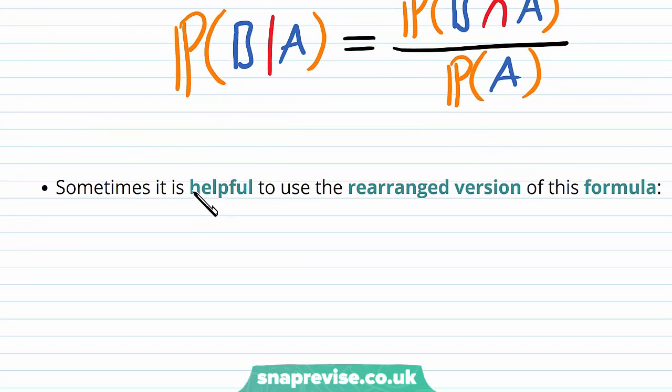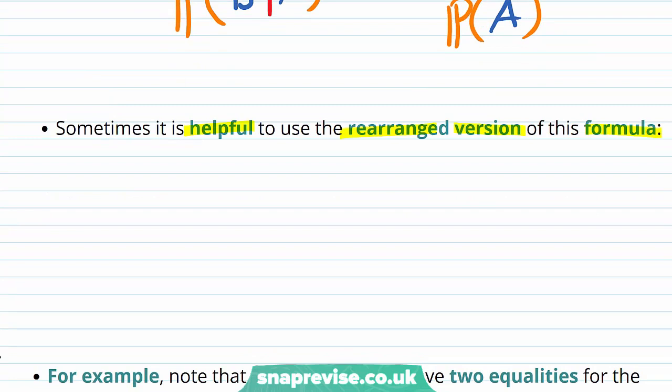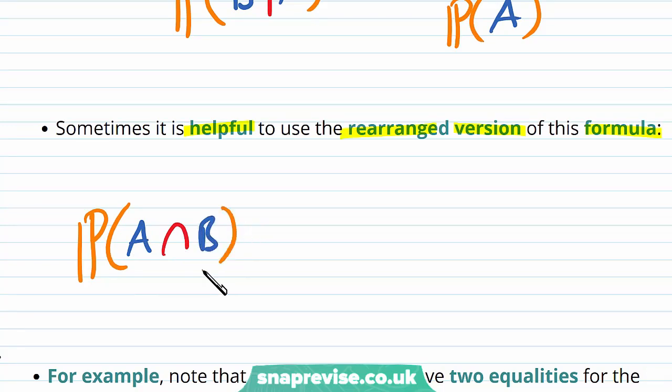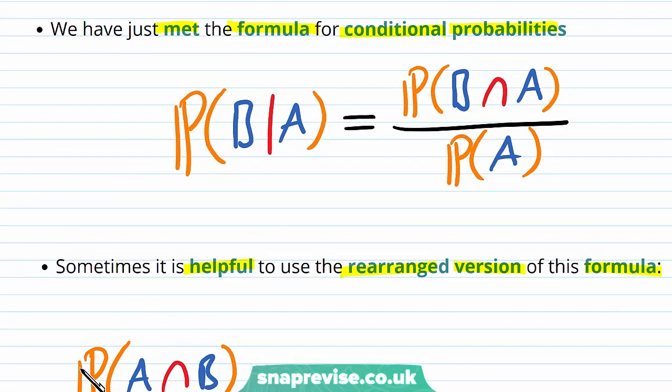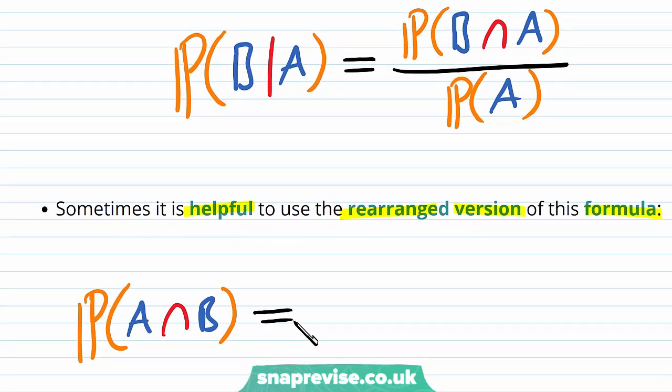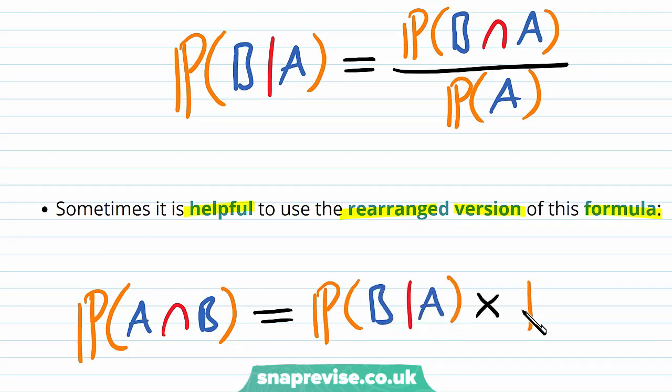Now sometimes it is helpful to use the rearranged version of the formula. That is that the probability of A intersection B, which by the way is the same as the probability of B intersection A, by multiplying up is the same as the probability of B intersected with A multiplied by the probability of A.